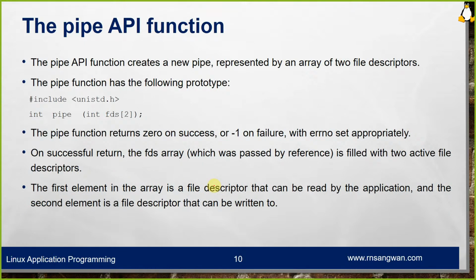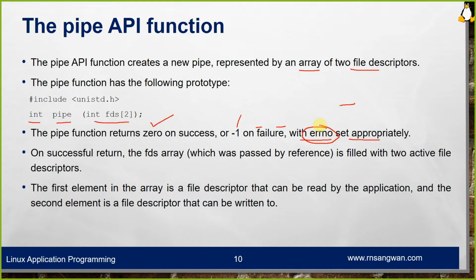The pipe API function. The pipe API function creates a new pipe represented by an array of 2 file descriptors. The prototype is int pipe, and the file descriptors. The pipe function returns 0 on success and -1 on failure, with errno set appropriately.